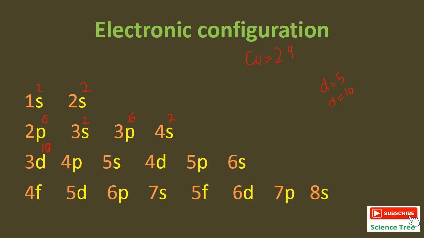While in 4s, only 1 electron will be left behind. So in this way, the valence shell of copper will be 4s with 1 electron in it. I hope that this topic is pretty clear to you now. Thank you so much.